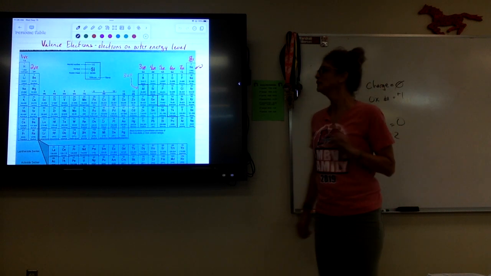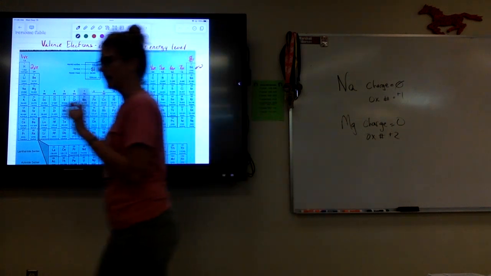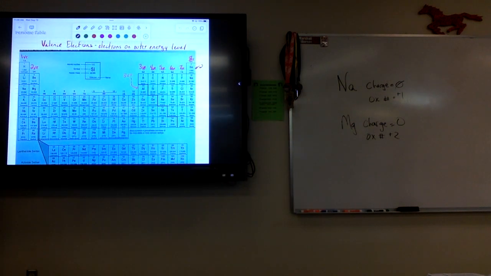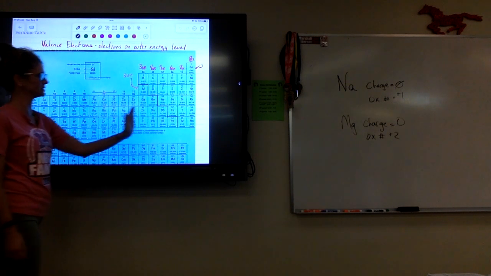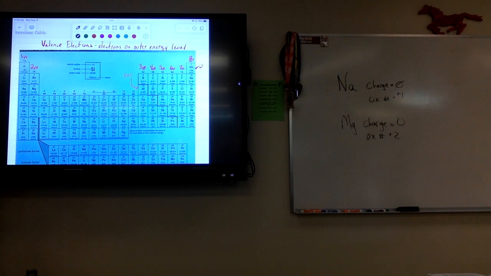All right. So here's the pattern, and I need you to hear this. Y'all, I need you back. Everything in this first column has 1 valence electron. That's why they're in the same column. Everything in the second column has 2. You do not know the valence electrons of any of these inner metals until Unit 4.